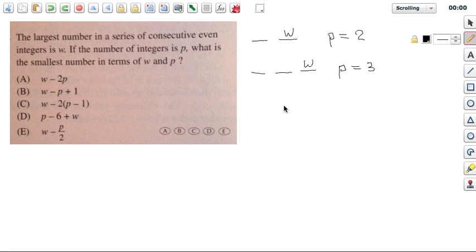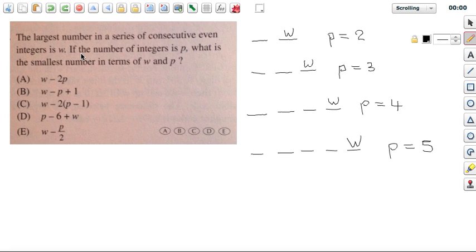What about 4 consecutive even numbers? And that is W. And my P is 4. We'll try one more. 5 consecutive numbers, so P is 5. And my last digit is W.